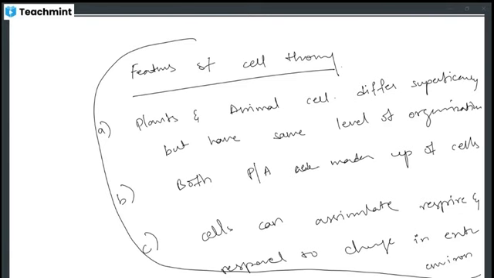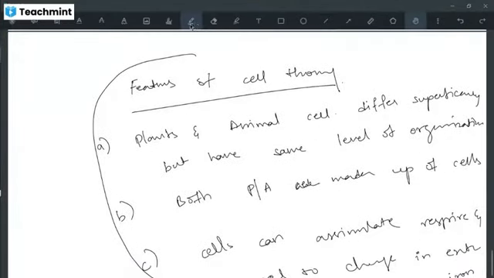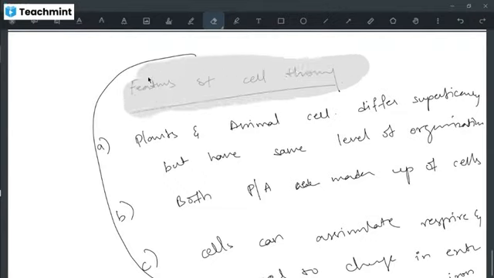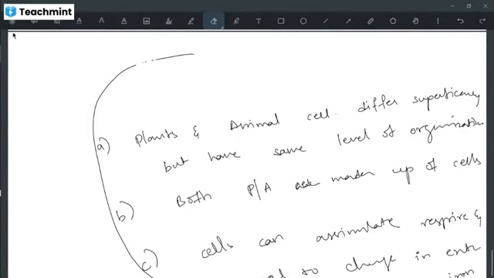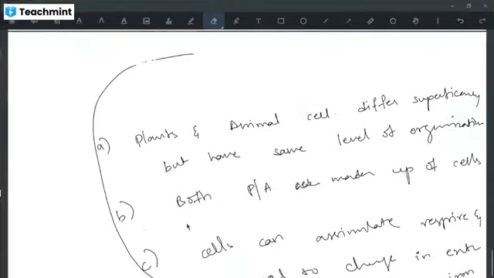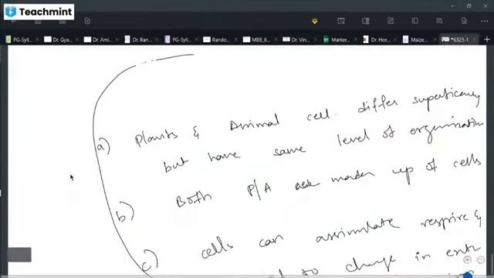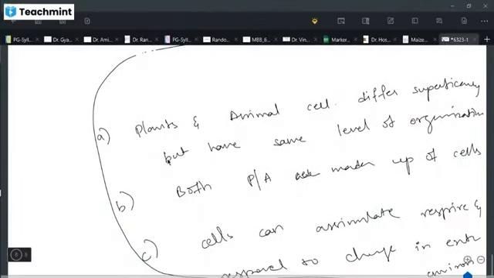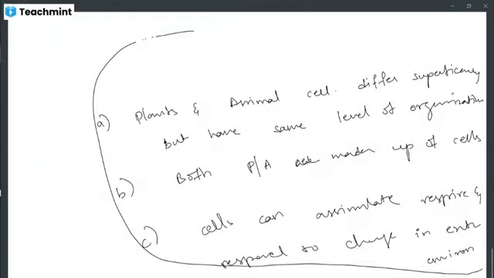So if I just remove the features of cell theory, then how many statements will be correct? All. Okay. So if you carefully see, in case of the first 2 statements, it is clearly written that plant and animal cells differ superficially but have the same level of organization. So this is true. Superficially means from the outer layer.